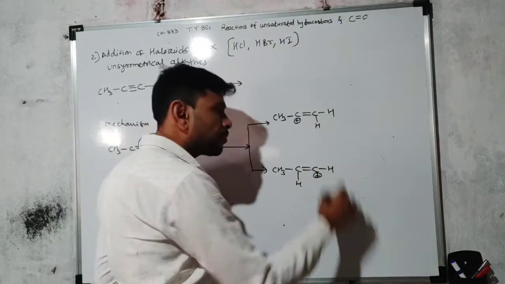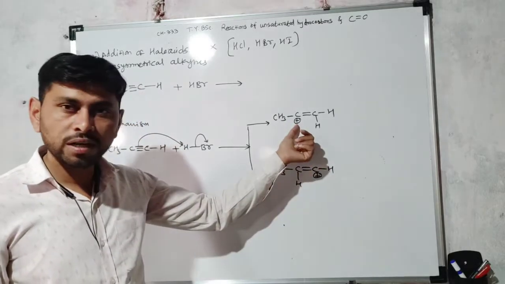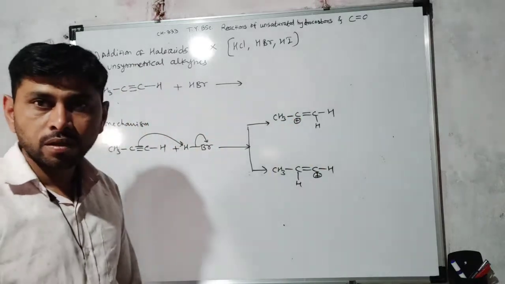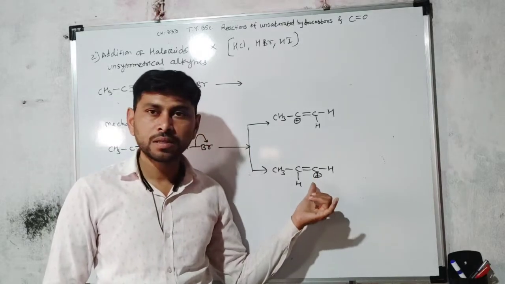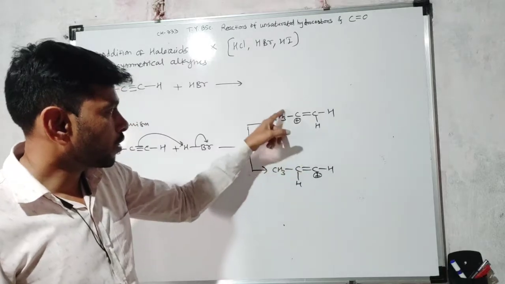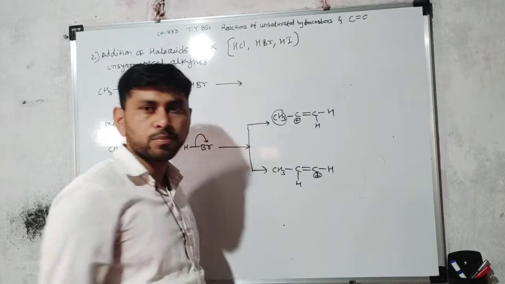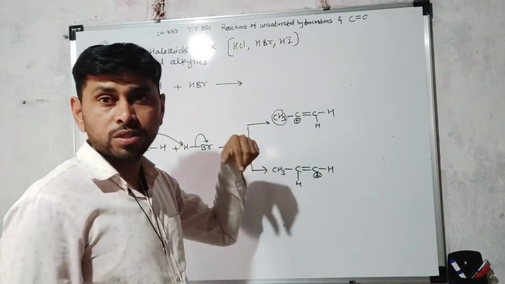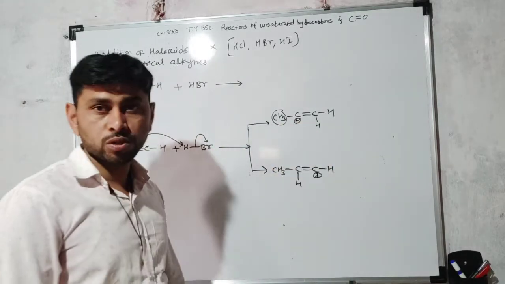Let's see the stability of these two carbocations, these vinylic cations. Which is more stable? We know that a positively charged atom is stabilized by an electron donating group. Here only hydrogen is there to stabilize the positive charge, but here a CH3 group is there, which has a plus I effect. So due to the plus I effect, this carbocation is more stabilized.